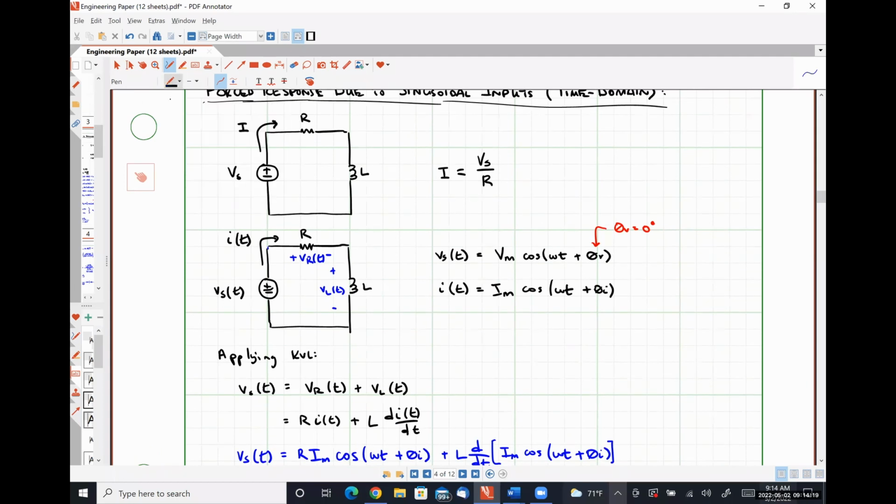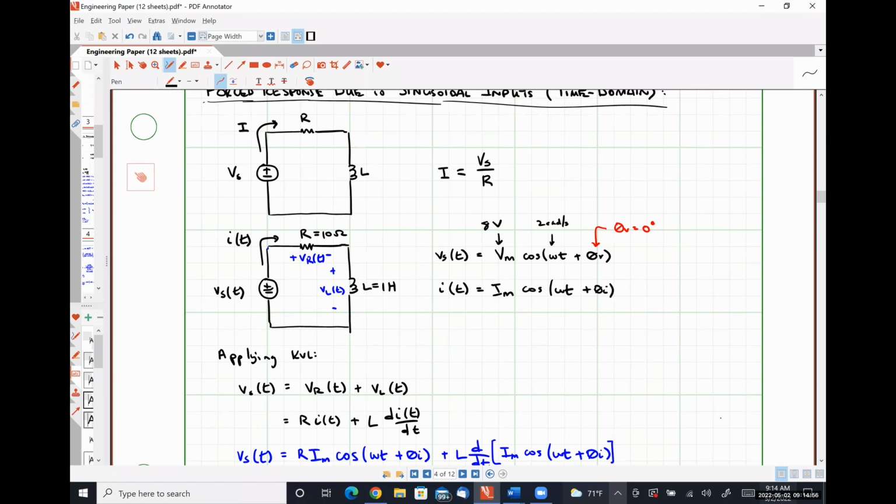Let's say that R is 10 ohms, L is 1 Henry, Vm is 8 volts, and omega is 2 radians per second, okay?